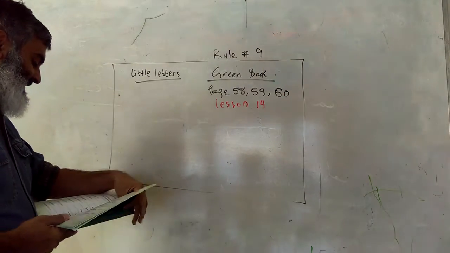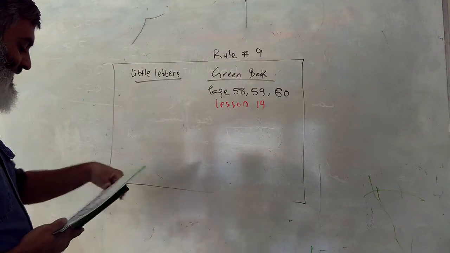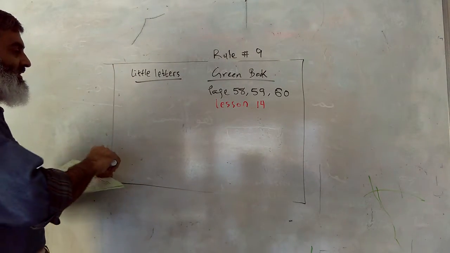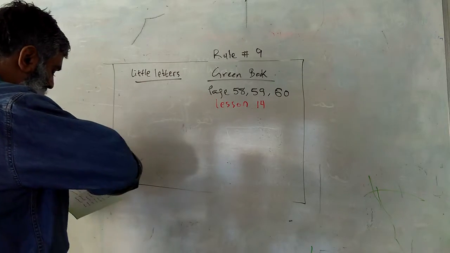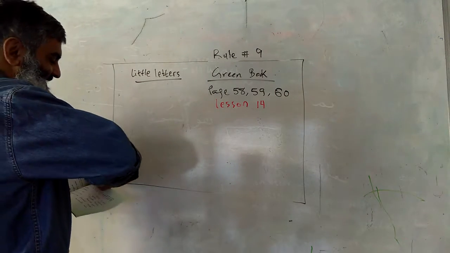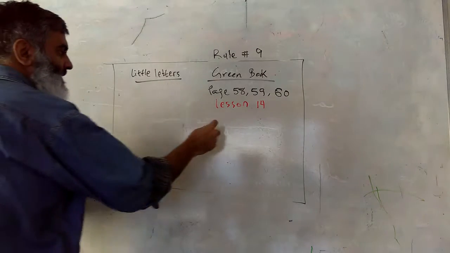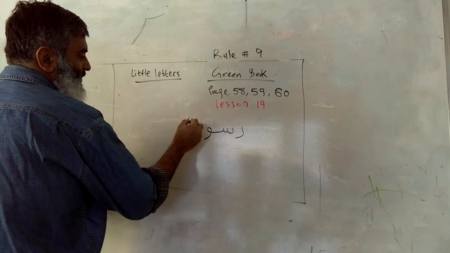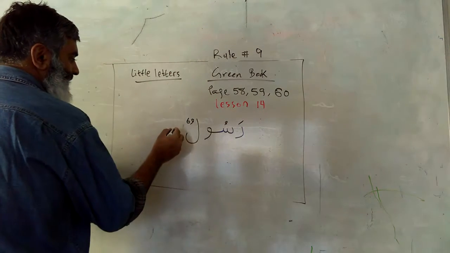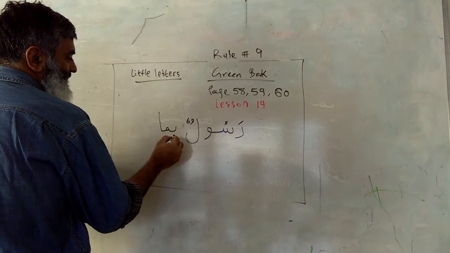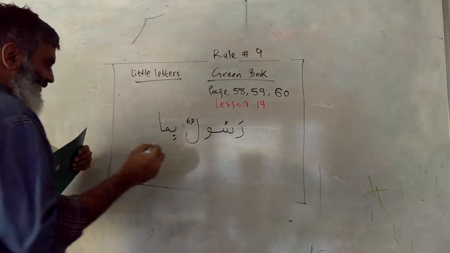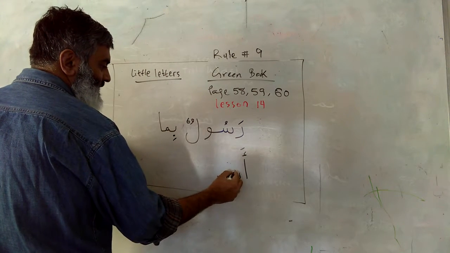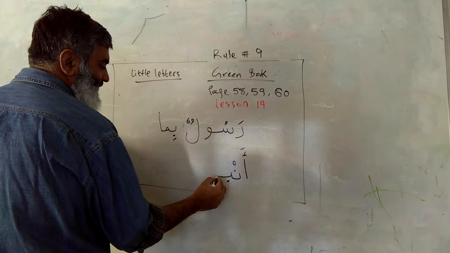The rule number 1 is that if noon with sukoon or tanween comes before ba, then it is pronounced as a meme. And that little meme is shown on the word. So notice here, Rasulun, you notice the tanween, or noon with sukoon, such as noon with sukoon comes before ba.